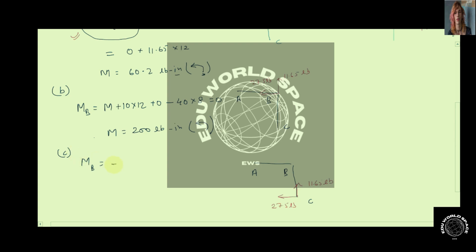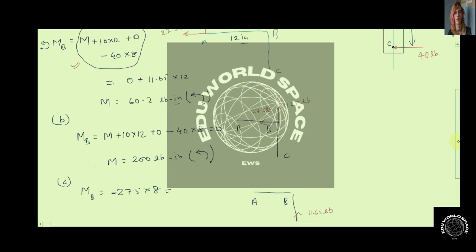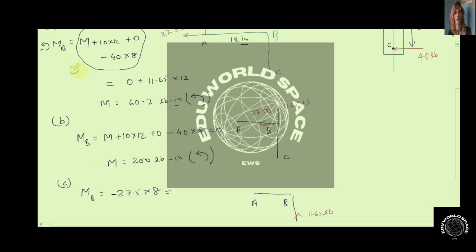So this will be minus 27.5 multiplied by the perpendicular distance, that is 8, and this must be equal to the equivalent moment in the actual diagram, which we have just calculated. So we can equate these two values as M plus 10 multiplied by 12 minus 40 multiplied by 8. Here the only unknown is M. If we calculate this, M comes out to be minus 20 pound-inch.